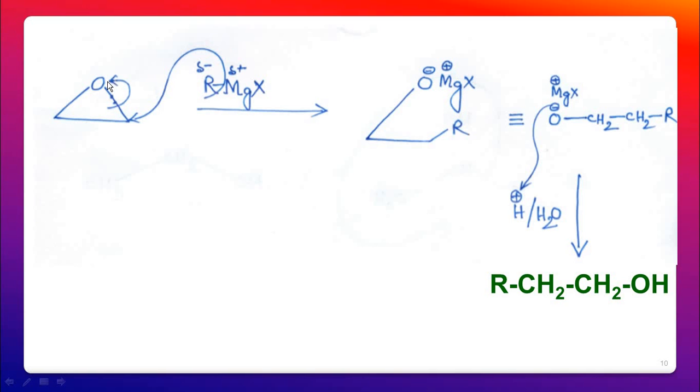This bond will be clipped, and this electron pair will be taken up by this oxygen, giving rise to this intermediate. This can also be written as R CH2 O MgX. Upon acidic hydrolysis, this produces a primary alcohol. So option C is the correct answer.